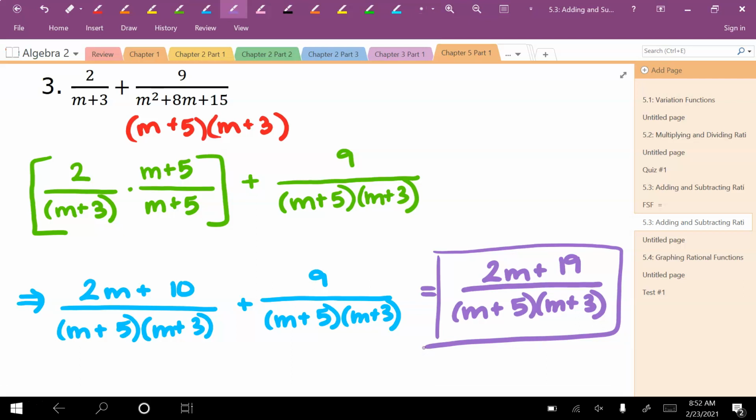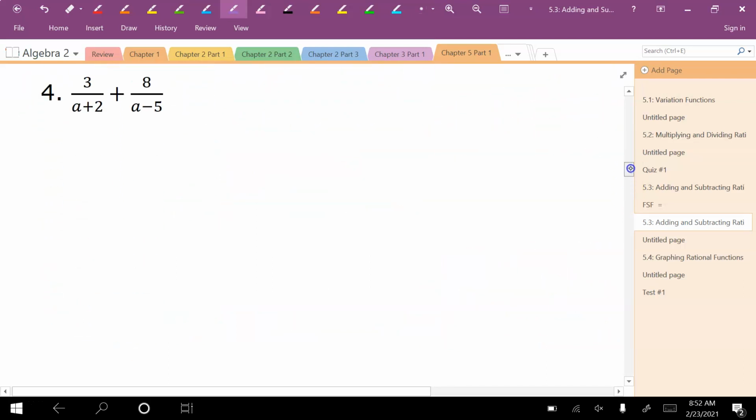Okay, let's turn the page over here. Okay, so on those last couple of problems, we only had to multiply one of the fractions by something in order to get them to have common denominators.